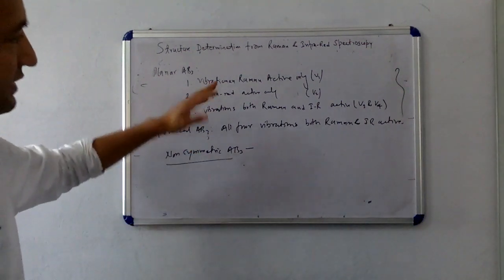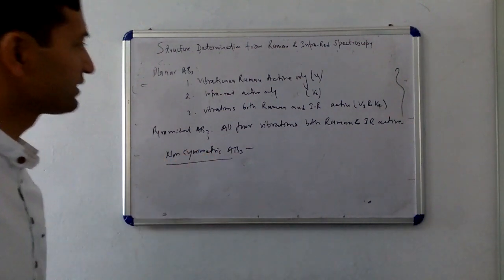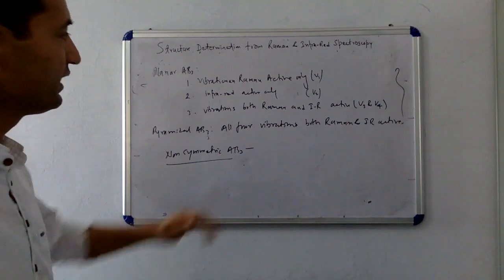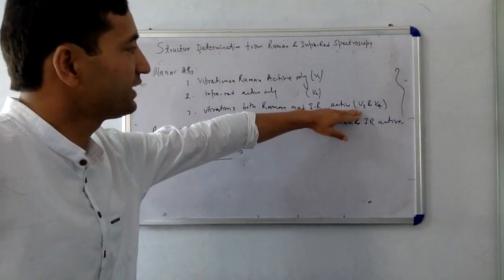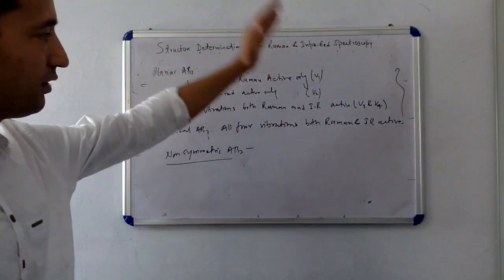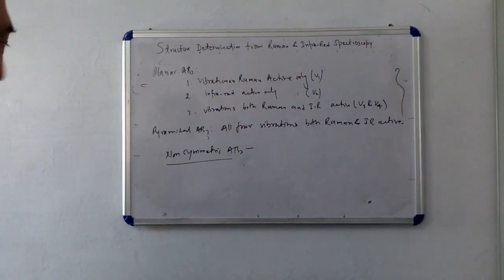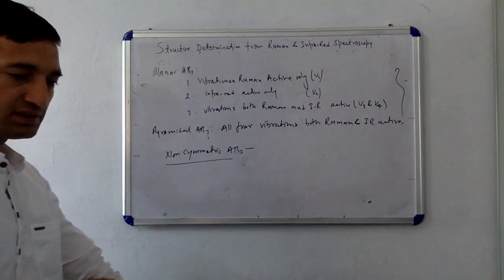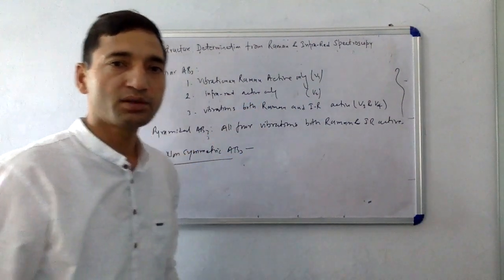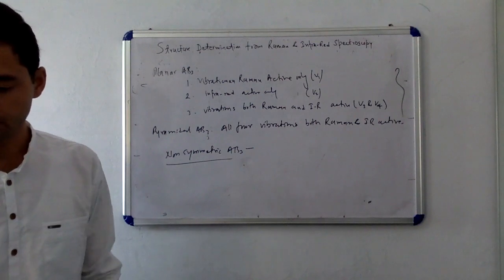However, for the asymmetric stretching and asymmetric bending, angle deformation, you have both IR and Raman active. For the pyramidal, all four fundamental vibrations are Raman and IR active, and for non-symmetric AB3 molecules, we may have more than 4 fundamental frequencies because of the asymmetry of the molecule.